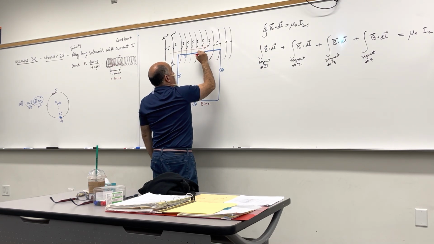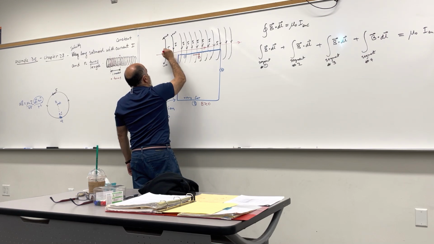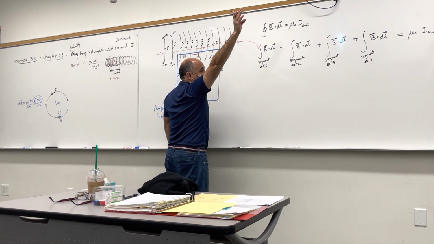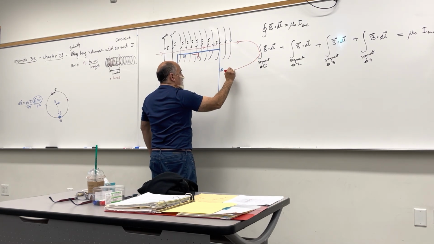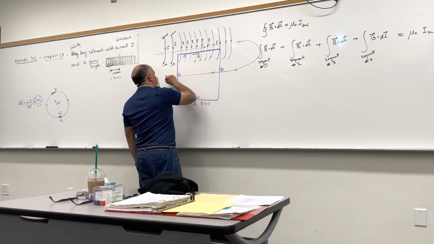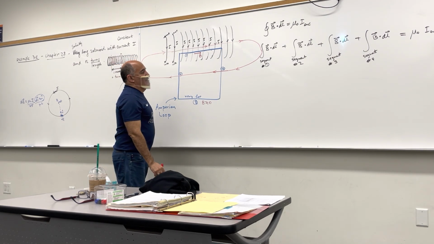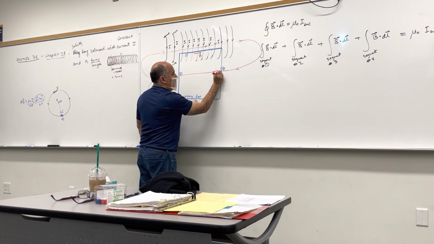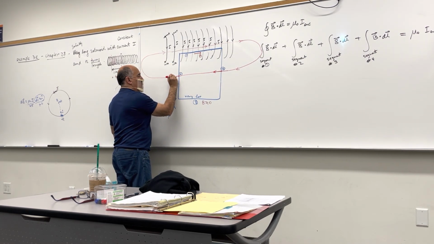This magnetic field is going to come out, go this way, and at some point it's going to have to come out, very far away, I don't know, 300 miles that way, then it's going to come back this way, and then it's going to go in. So the magnetic field at segment number 2 is going to be to the left, and the magnetic field at segment number 4 is going to be to the left.